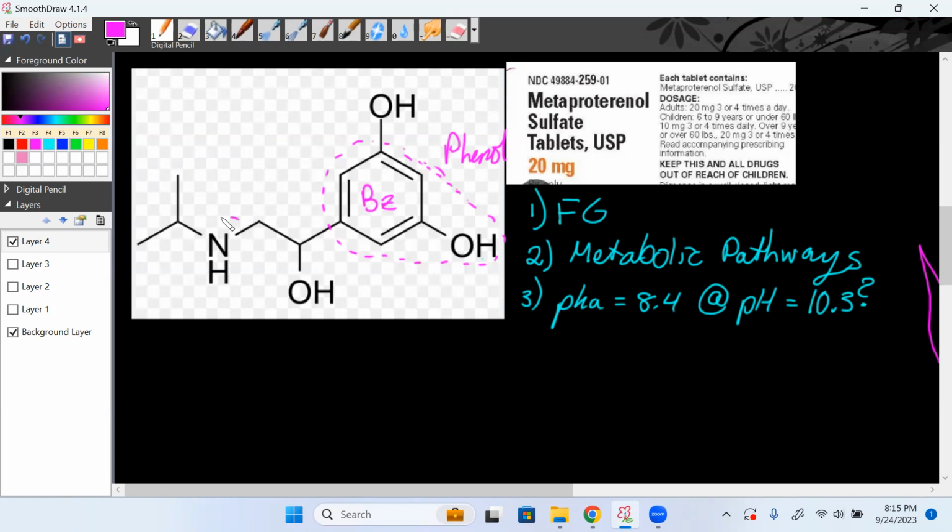We also have here an amine. Yes, click both if both are available. It would kind of be redundant because technically a phenol is a phenyl alcohol, but who knows what he's doing. I don't think he would put both though.